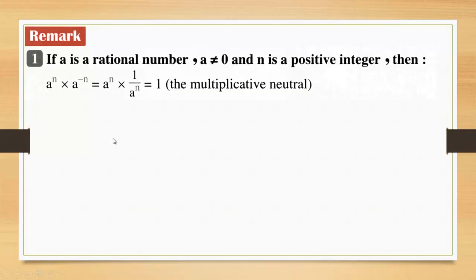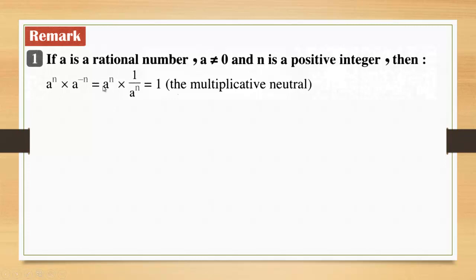Remark number 1: if a is a rational number and a doesn't equal 0, and n is a positive integer, then a power n times a power negative n equals a power n times 1 over a power n. Notice that this part is a multiplicative inverse.